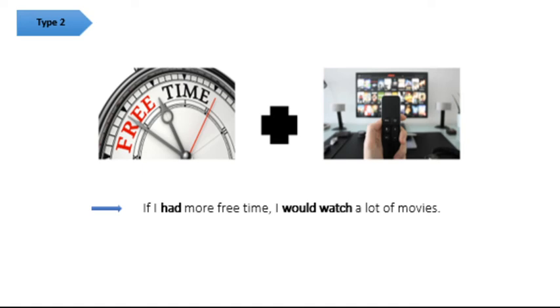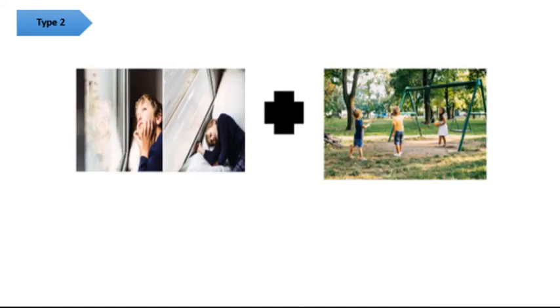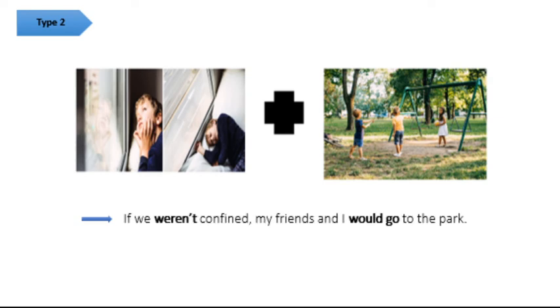The following. Look at the poor boy. He's looking out of the window. Okay, he's looking out the window and he looks really bored. So what's wrong here? The boy cannot go out, and the boy cannot go to the park and play with his friends.